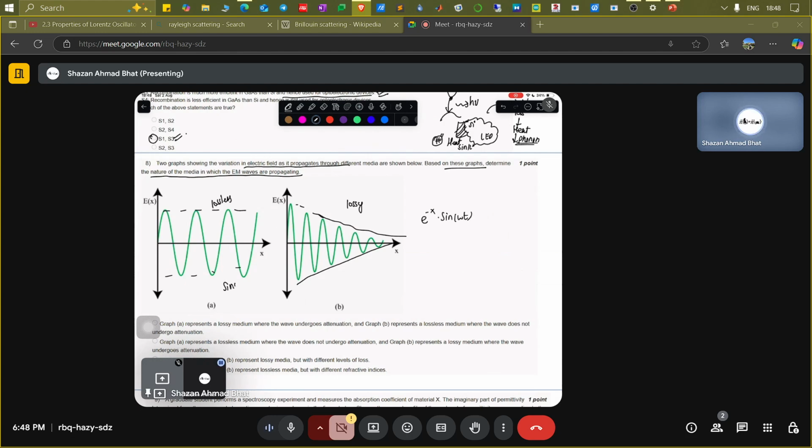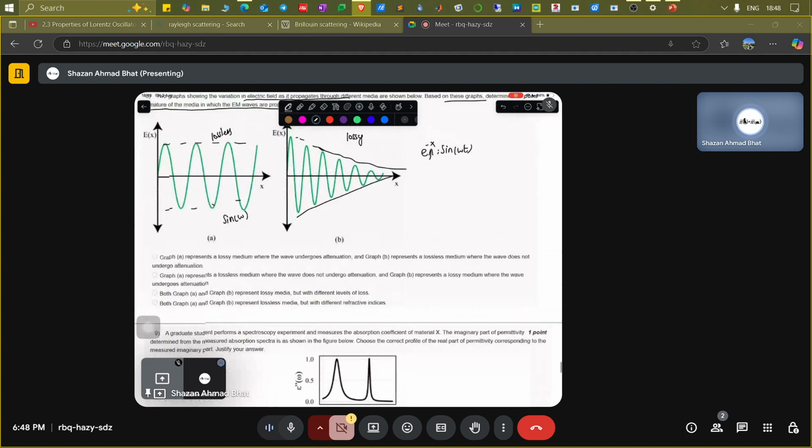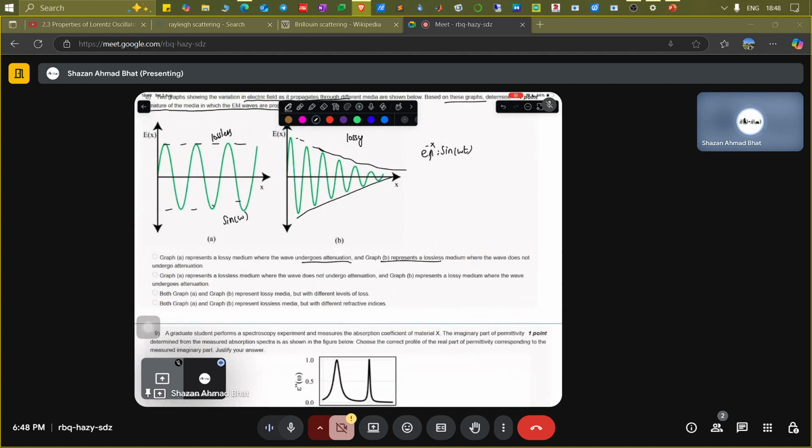This remains sine of omega t. There is this particular loss term. So graph A represents a lossy medium where the wave undergoes attenuation, and graph B represents a lossless medium where the wave doesn't undergo attenuation. That's absolutely correct. And here, you would see that the epsilon will have epsilon 1 plus i times epsilon 2.